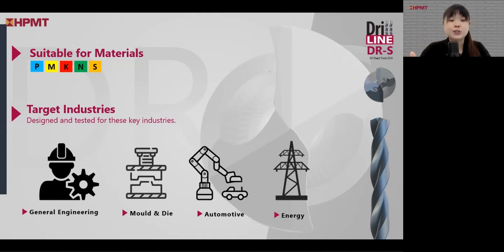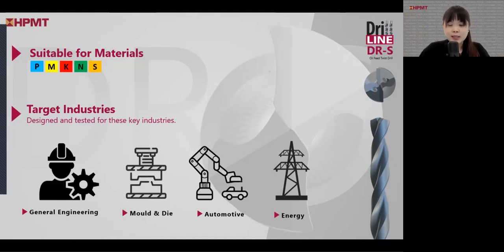Just for your information, those codes refer to the metal hardness, from the softer side, which is aluminum, up to the harder metals, such as the super alloys like titanium alloys and so on.